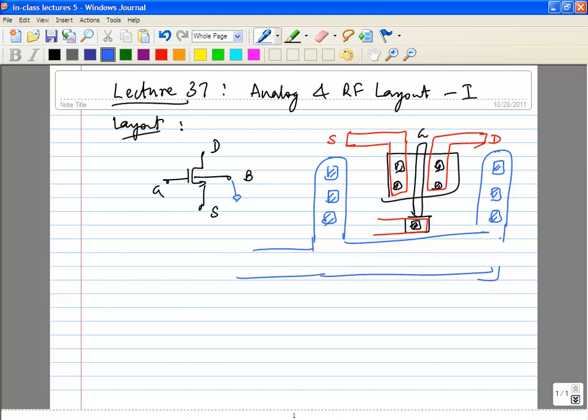Let's say the ground line goes across like this. A typical layout could look like this.